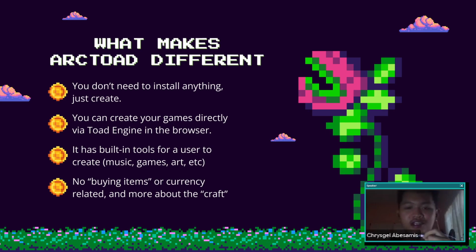You don't need another game engine to make your games because it is already provided in the website. It has built-in tools such as software for music and another art software. If any of you want to use it, you don't need to download another app for it, and you can just use ARCTOAD's built-in tools.